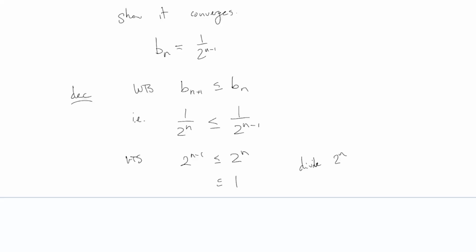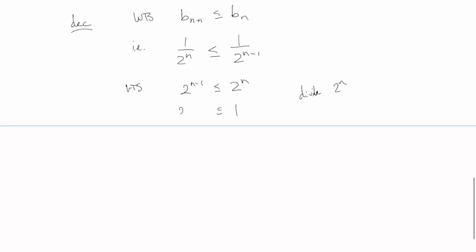What do I get on the left side when I divide by 2 to the n? I suppose I could write 2 to the n minus 1 divided by 2 to the n, right? Oh, sorry, that's upside down. I'm dividing by 2 to the n, so it's 2 to the n minus 1 divided by 2 to the n, right?